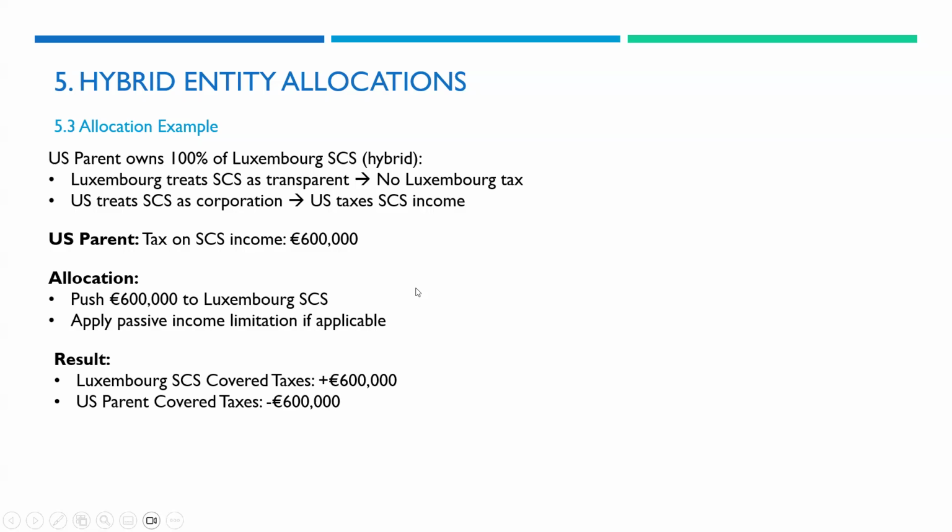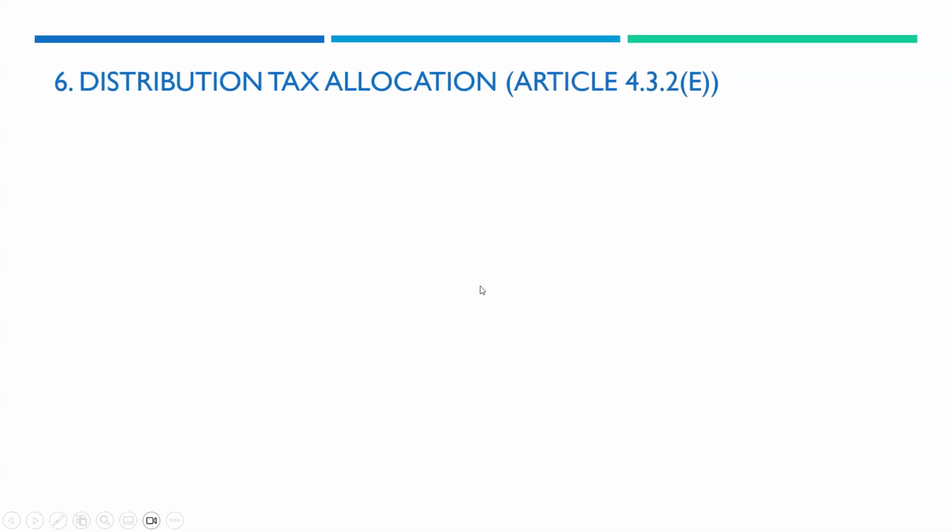Fantastic. What is the time? 6:20. Now, we will look at distribution tax allocation. Okay. Do you want to continue this or should we continue tomorrow morning? You tell me. If it is getting too heavy, then we'll stop here. We'll continue tomorrow morning and after that, we'll have one in the evening hours. What do you say?